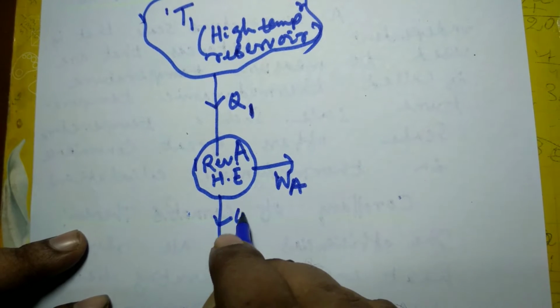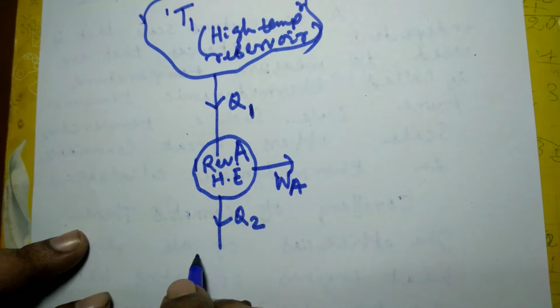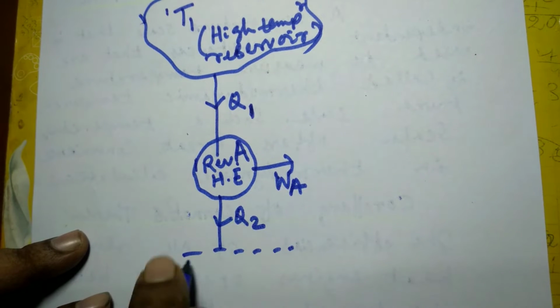Suppose the heat rejected is Q2, and this intermediate temperature is, suppose, T2.